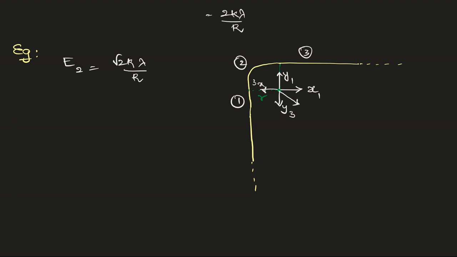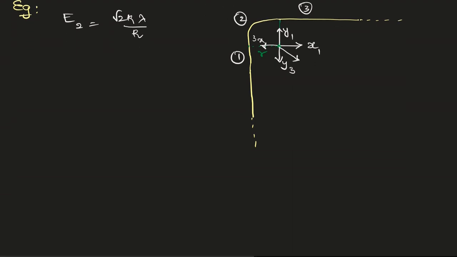And similarly, just look at one more example. If we have an infinitely long wire, bent such that at the end we are observing a semicircle like this, what is the electric field at this point? They will ask at the center.